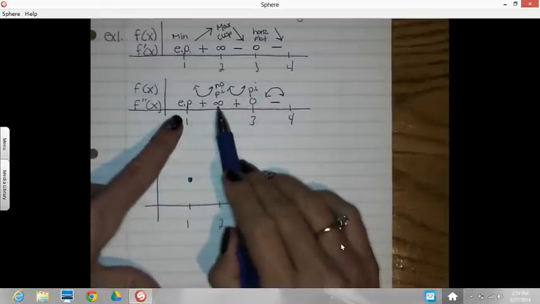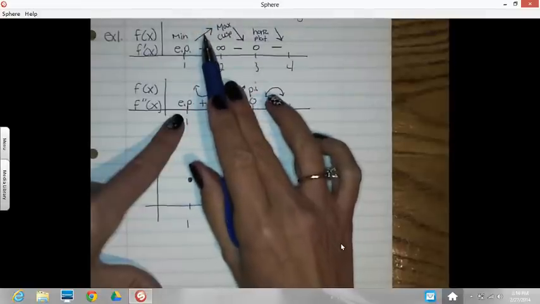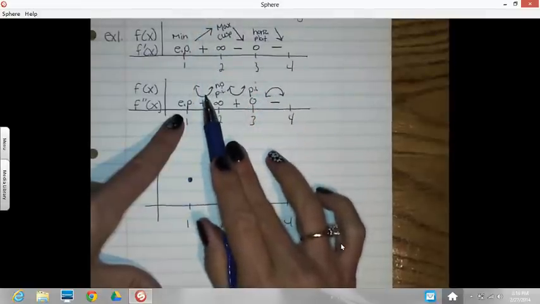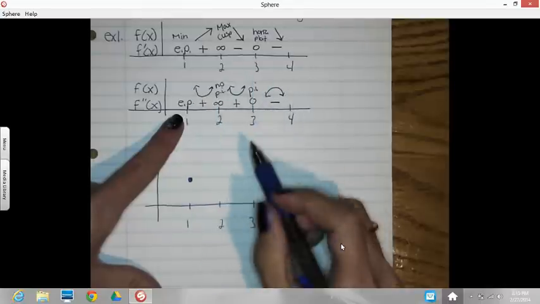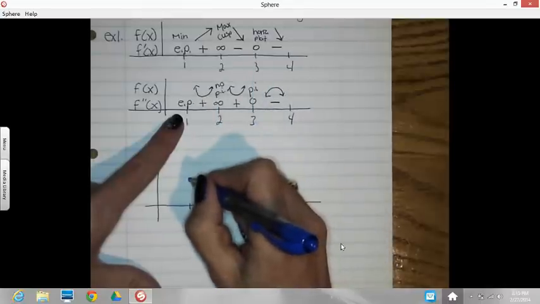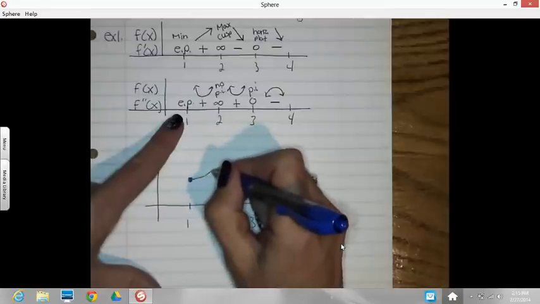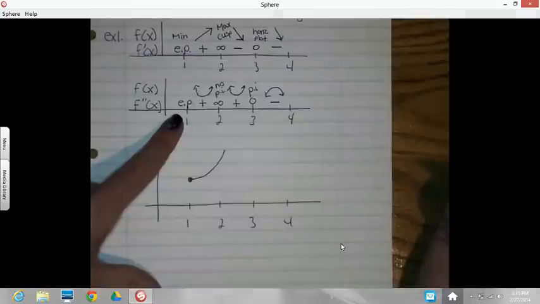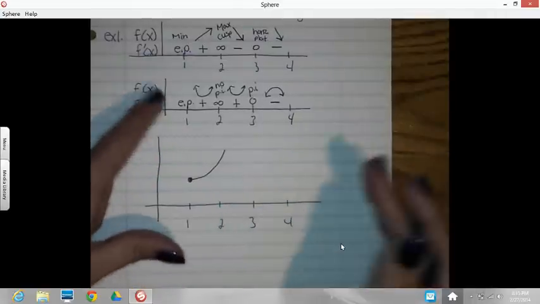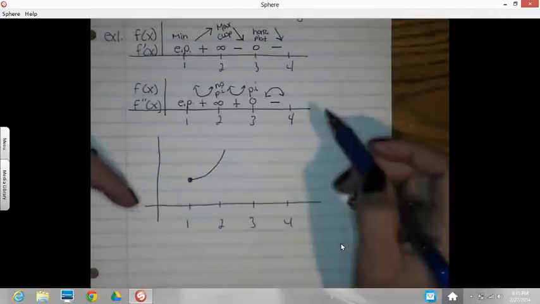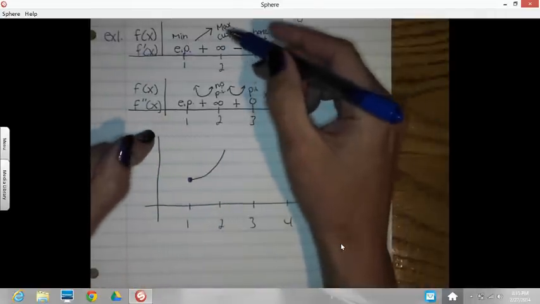From 1 to 2, I know the function is increasing and it's concave up. So it's increasing with some concavity up. So it's not linear. I got to have concave up and increase. Can it be flatter than that? Yes. So I just need the concavity going up. At 2, I know I've got that cusp happening.